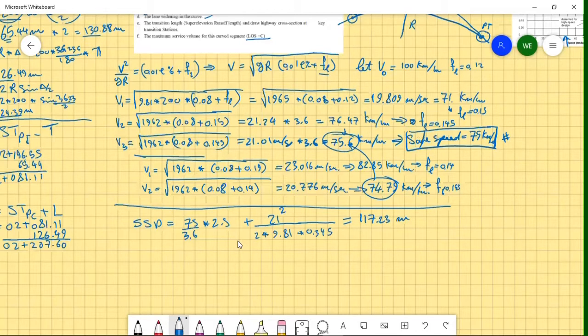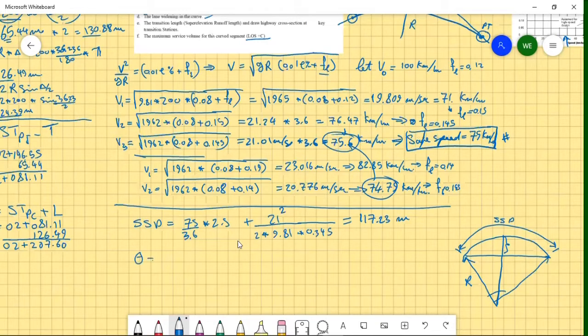So based on this, again, we want to calculate this distance. Okay, so this is R and this is the stopping sight distance. So we want to calculate theta, the angle that corresponds to this.